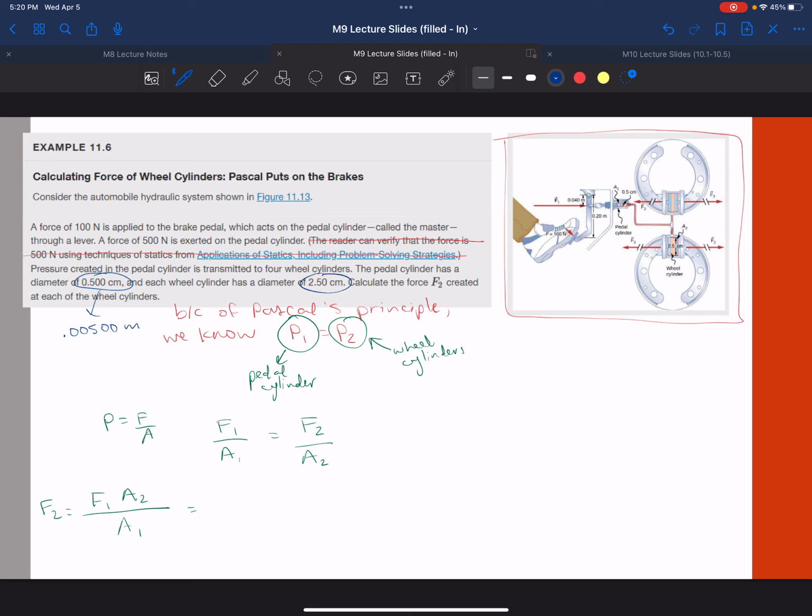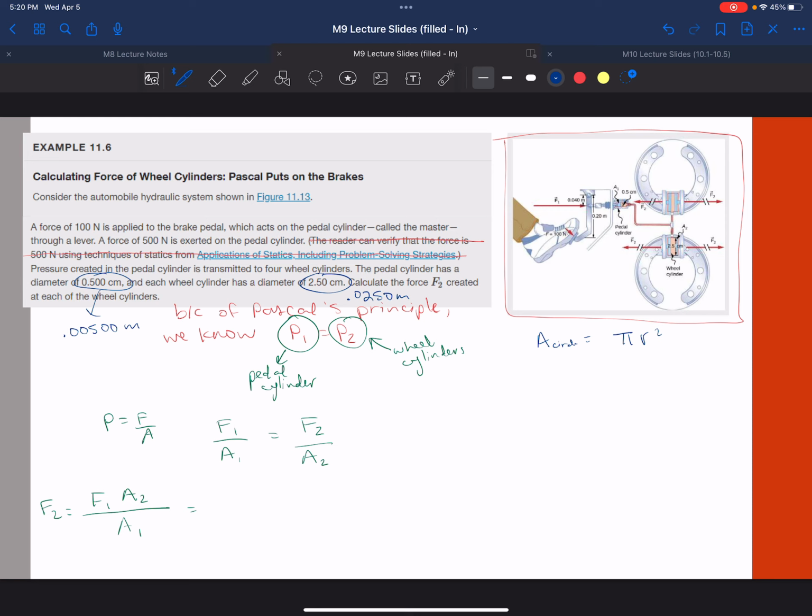And here it would be 0.0250 meters, and that's for the wheel cylinders. Well, because they're cylinders, we know that cross-sectional area is going to be a circle. So the area for a circle, remember, equals pi r squared.